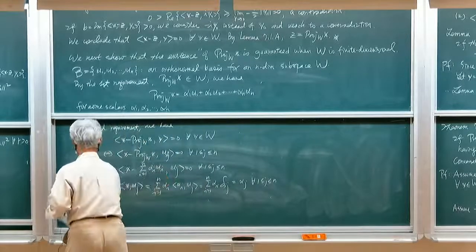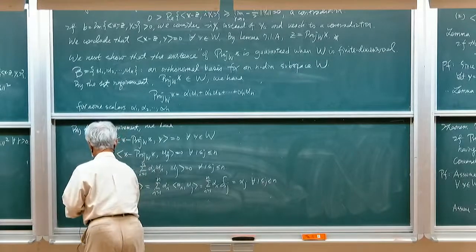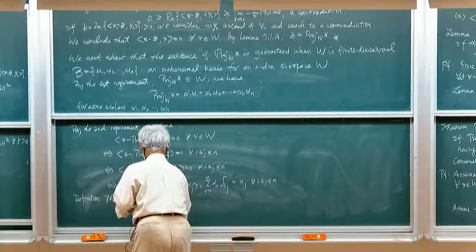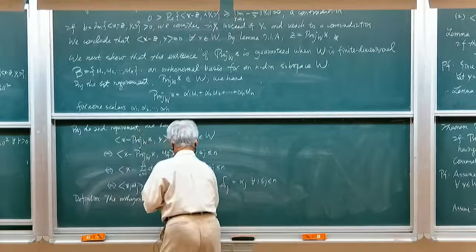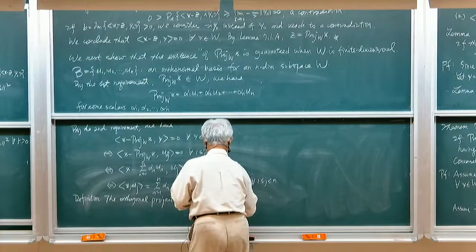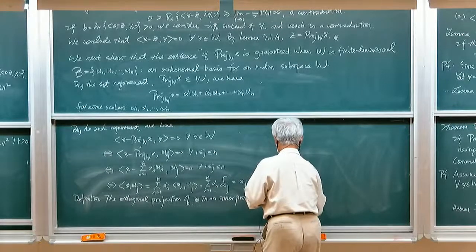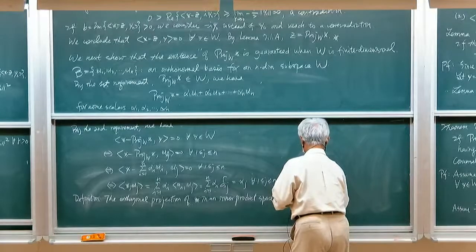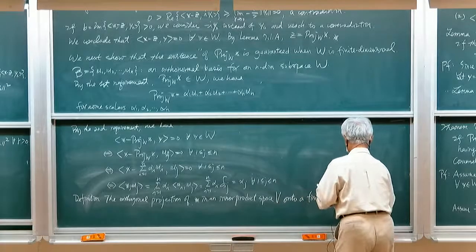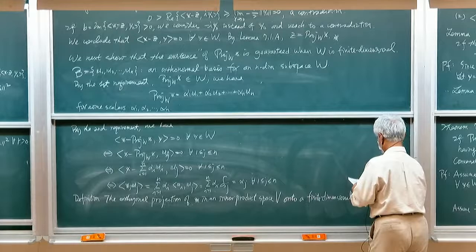Definition: the orthogonal projection of X in an inner product space V onto a finite dimensional subspace W of V.